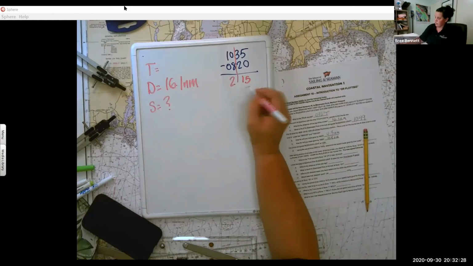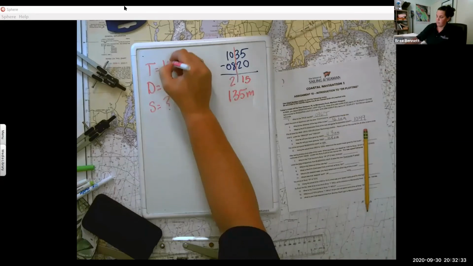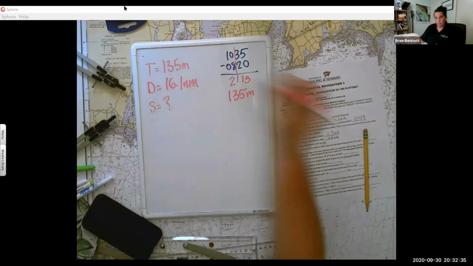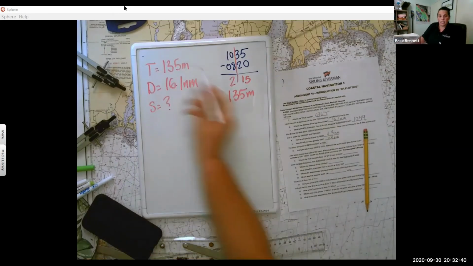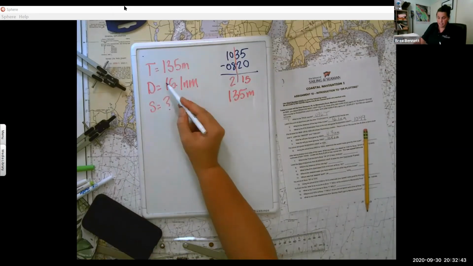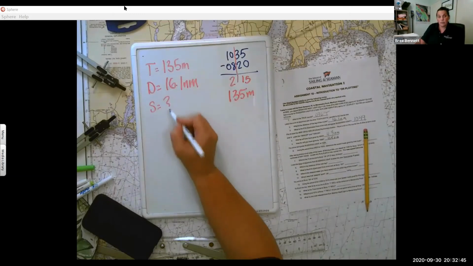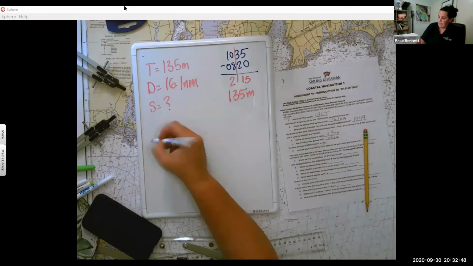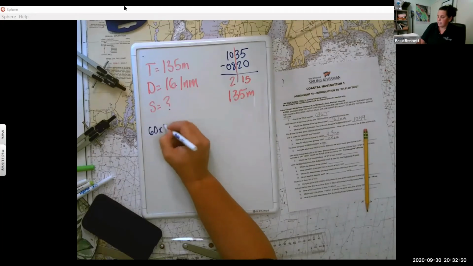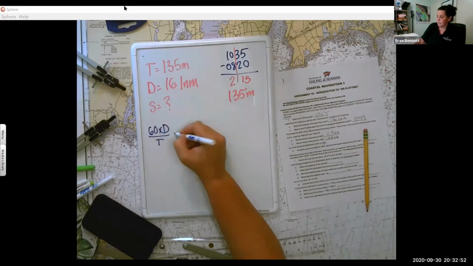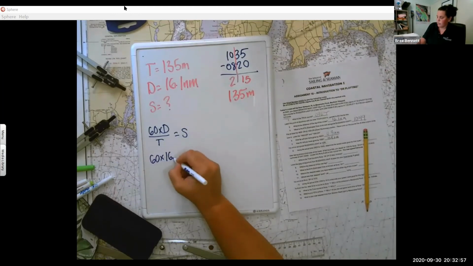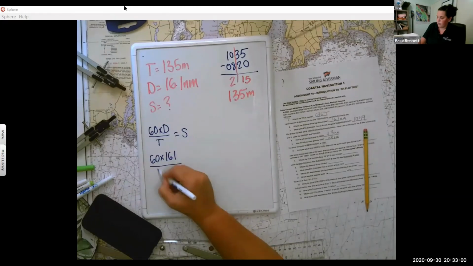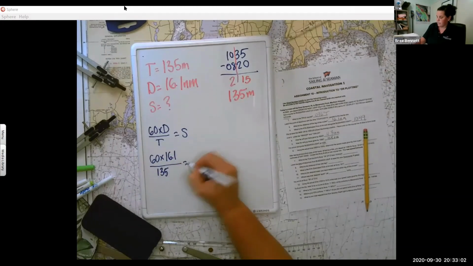So we have 135 minutes. That was 120 plus 15. Now I can use my 60D street to get what my speed was. I have 60 times D divided by T gives me speed. 60 times 16.1 divided by 135 gives me speed.